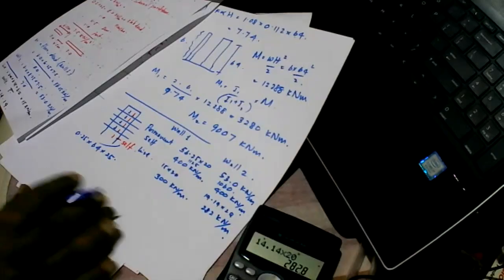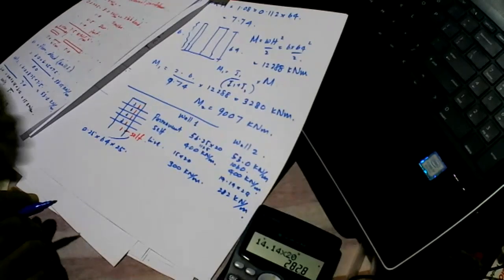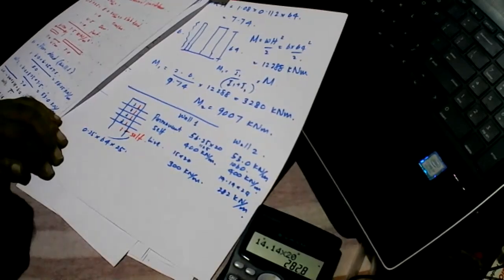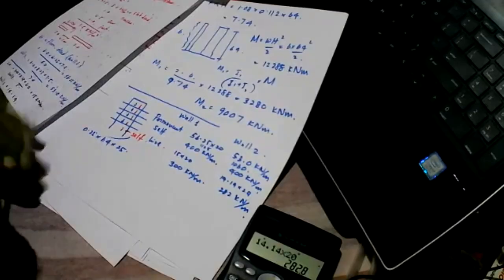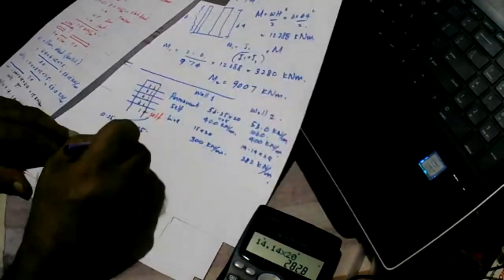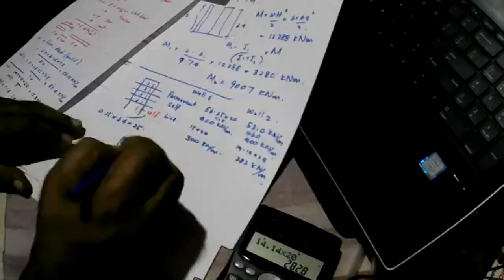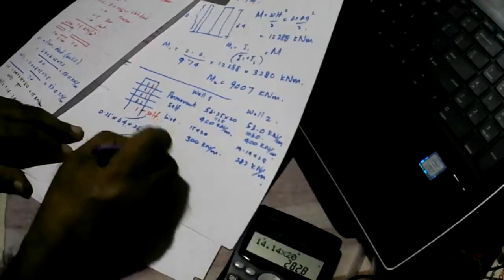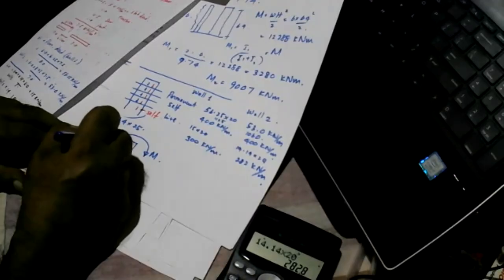Now we come to the very important aspect, and that is to find the stresses. So if you take wall number 1, we have a moment M due to the wind.